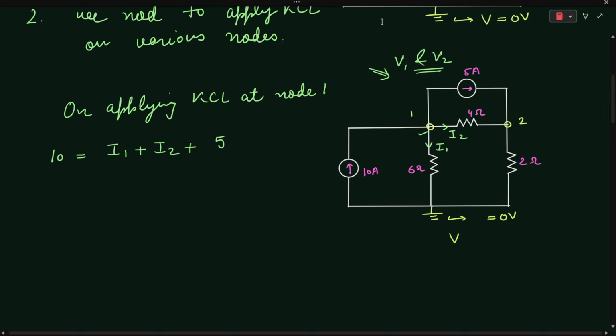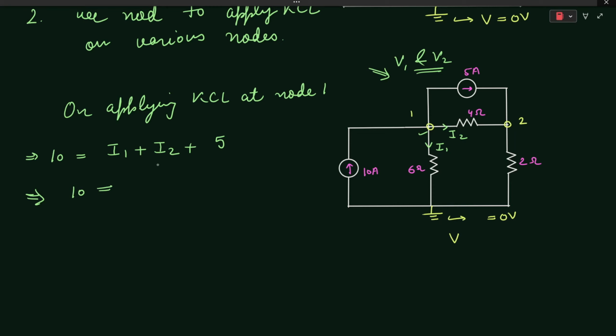So the value of I1 will be equal to, let's say the voltage at this node 1 is your V1, V1 upon 6.